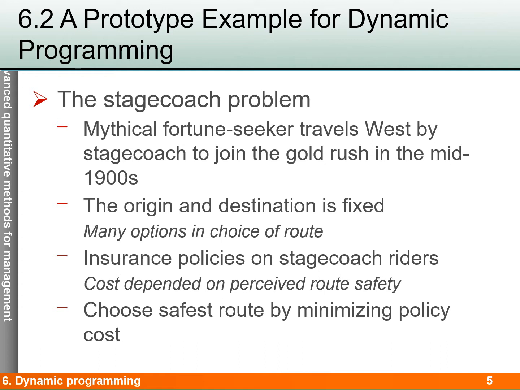So for sure, when we want to find the safest route, obviously it will be the cheapest cost for the fortune seeker, okay? Because as I told you, the safer, the cheaper. So let's review it in the next slide.